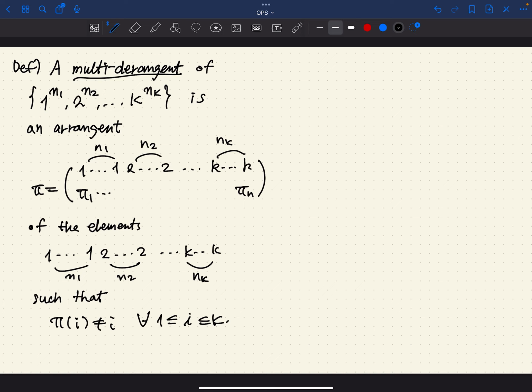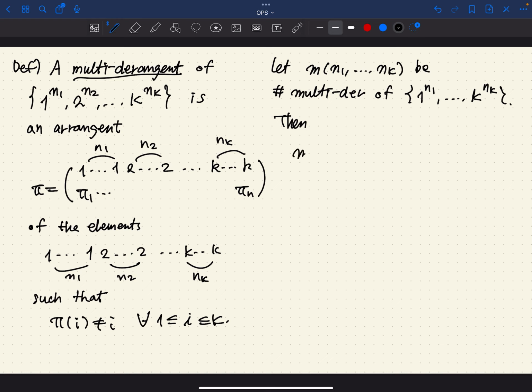Let's say the number of multi-derangements of 1^n1, ..., k^nk must be equal to the derangement number divided by n1 factorial through nk factorial.